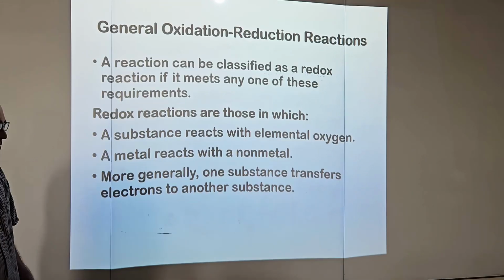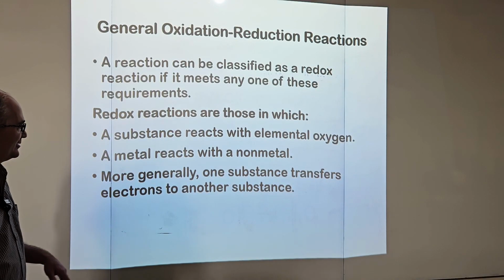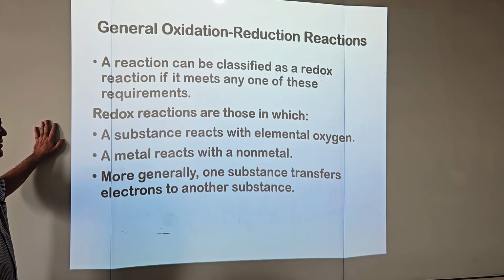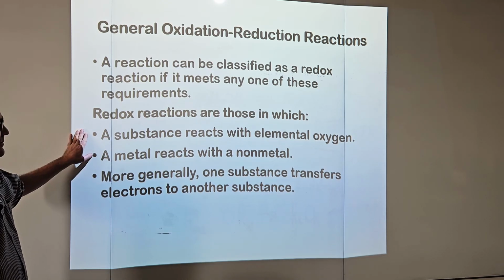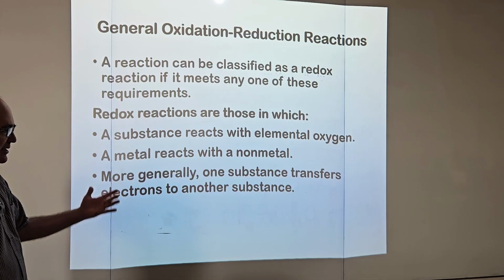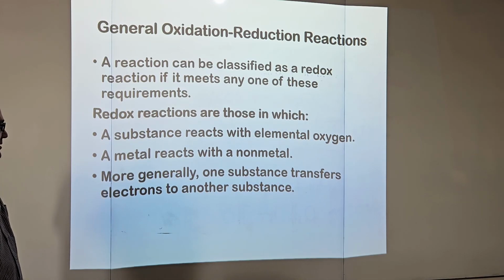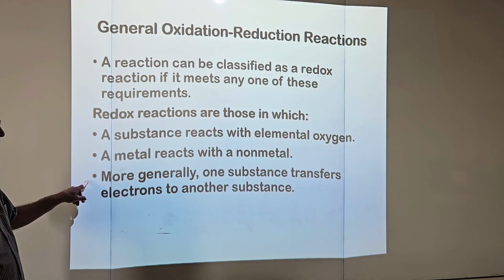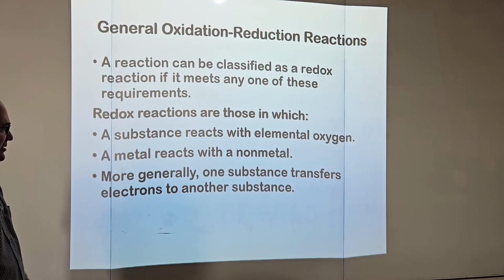If you take general chemistry, we have a whole chapter on it. It goes on forever and forever. So redox reactions are those in which a substance reacts with elemental oxygen, just like my magnesium and oxygen. A metal reacts with a nonmetal. More generally, one substance transfers electrons to other substances.